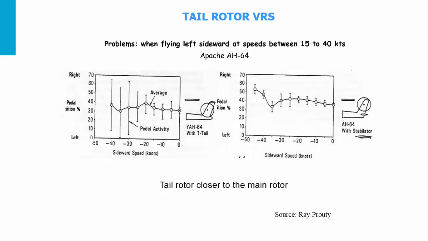The tail rotor can also find itself in the vortex ring state. See here a problem of what is happening when the tail rotor is in the vortex ring state.